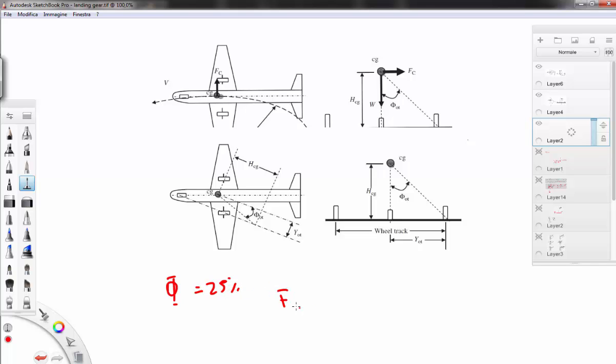So the formula is centrifugal force is V squared over R. In this case, we are talking about a landing gear, so we will use the V stall, and R is the turn radius.